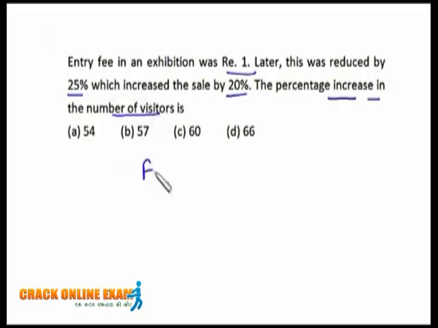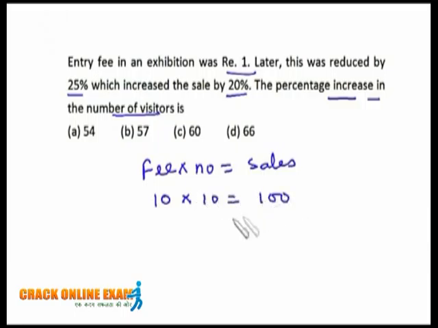So fee into number of visitors is equal to total sales. Now let's say the initial fee is 10 rupees. Instead of ₹1, we will assume it to be 10. Since we are calculating the percentage change, it doesn't matter whether we take 1 or 10. So let's take it as 10, and number of visitors are 10. That means the sales is 100.